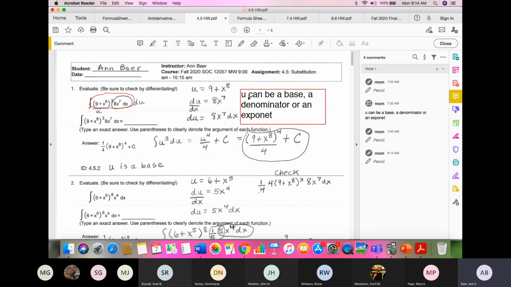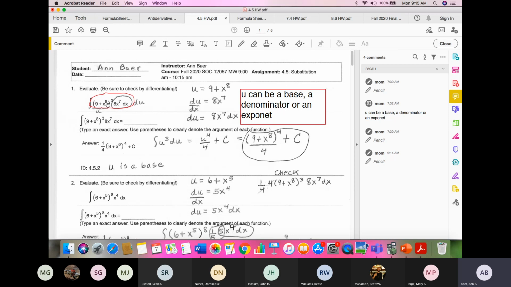So what are our choices? We want to perform a u substitution. A u can be a base, a denominator, or an exponent. So look over here. 9 plus x to the 8th is a base. It's the base of the exponent 3. So this right here, 9 plus x to the 8th, is a base.